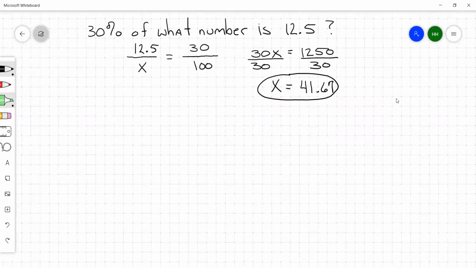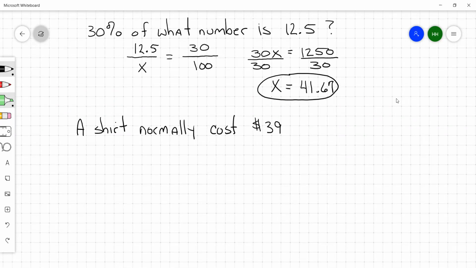All right, let's try this. A shirt normally costs $39. It's on sale for 30% off.